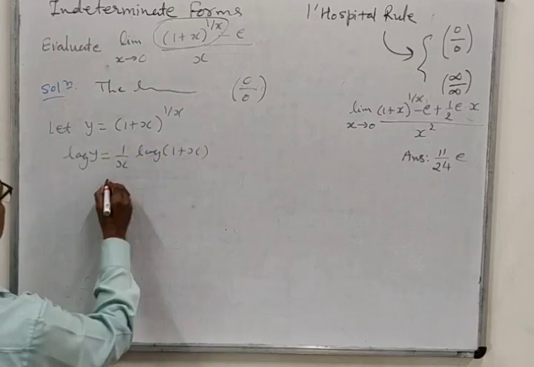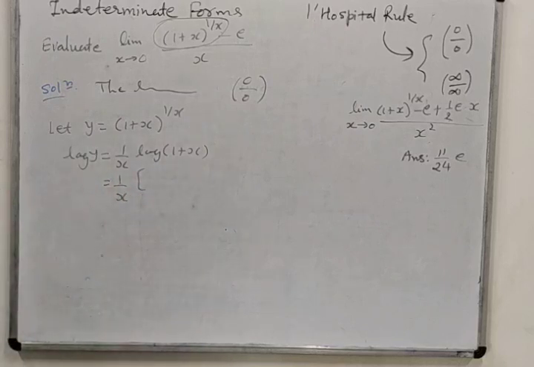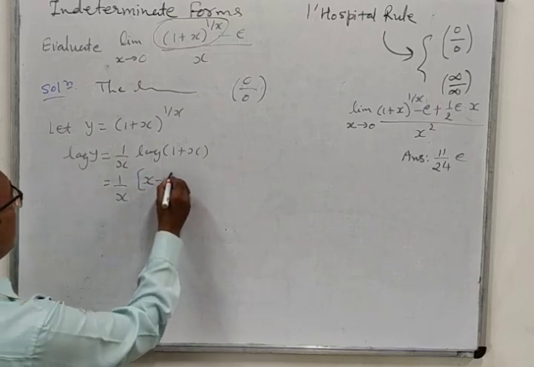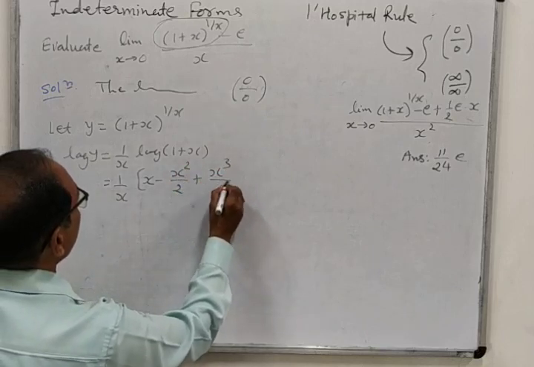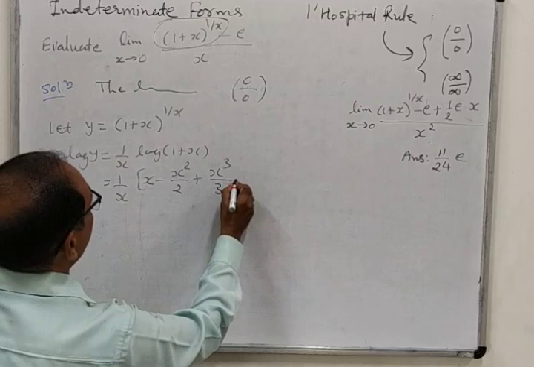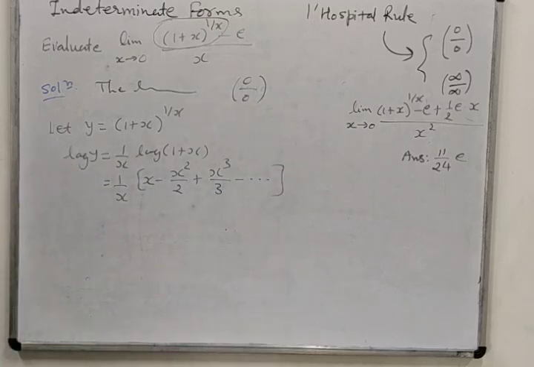And we know log(1 plus x) has the Taylor series expansion, which I already told you to remember: x minus x square by 2 plus x cube by 3 minus x raised to 4 by 4 and so on. We will write this term up to here.